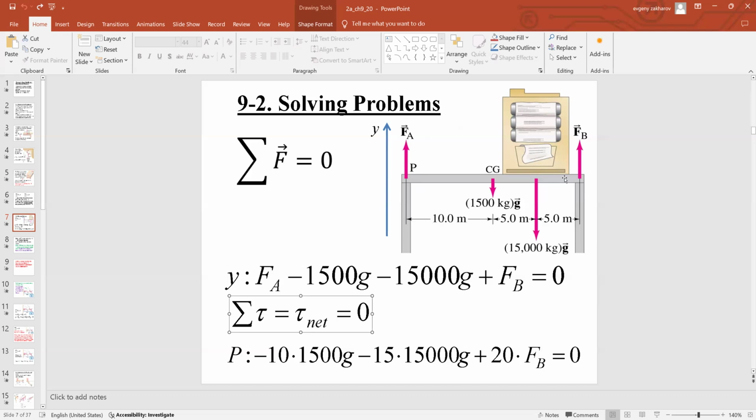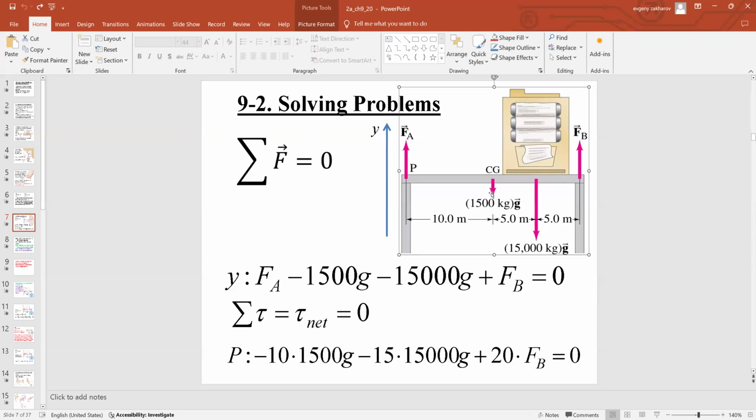Another good choice would be the other side of the table. There's no particular label for it, so let's say point B, because it's F sub B. If you choose this point to be your axis of rotation for the balance of torques equation, then the line of action from F sub B would cross the axis of rotation, and therefore the minimum distance between the line of action and axis of rotation is 0, moment arm is 0, so the torque, which is force times the moment arm, becomes 0.